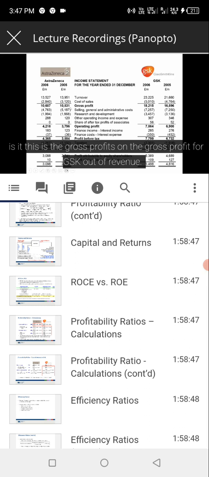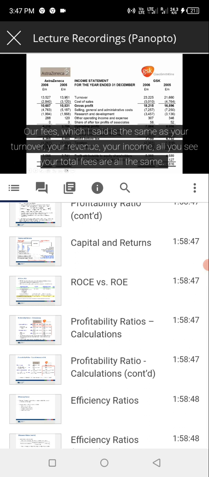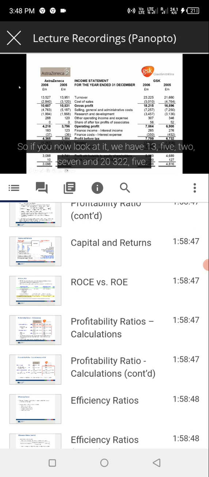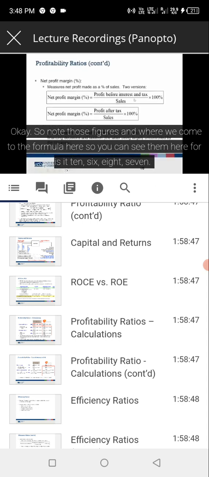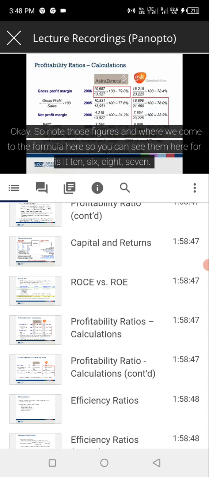And what of revenue? Our sales, which I said is the same as your turnover, your revenue, your income, or your total sales. They are all the same. So we have 13,527 and 23,225. Note those figures.